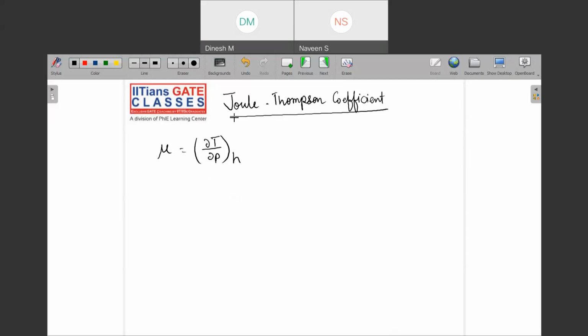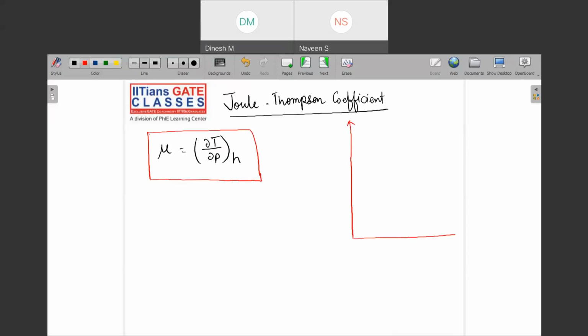So again, question number one, what is the Joule-Thomson coefficient itself? This is a question that has appeared many times, 4, 5, 6 times, or even 10 times. If you count the number of times this question has appeared in various PSU exams, the number is definitely more than 5. So you should remember the Joule-Thomson coefficient: delta T upon delta P, provided your enthalpy is equal to constant.